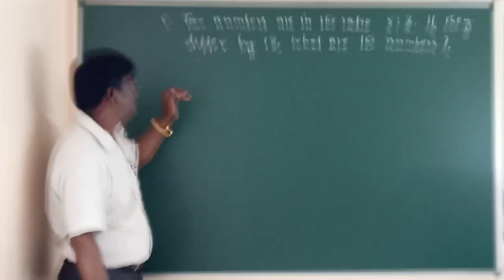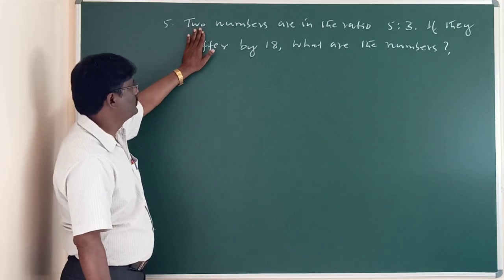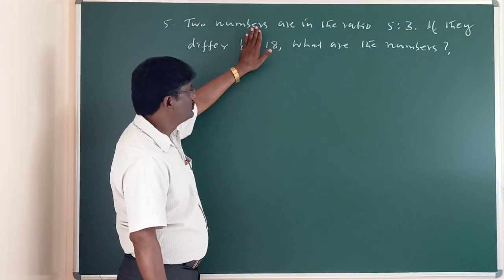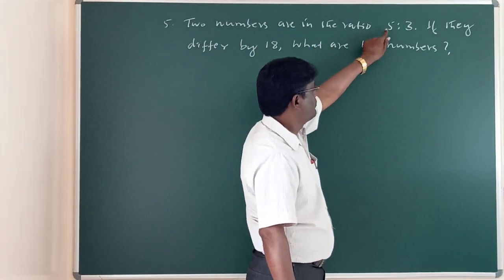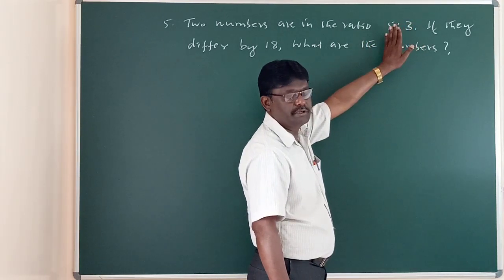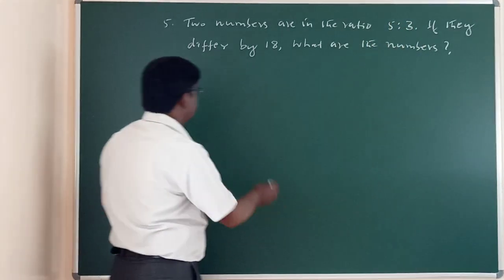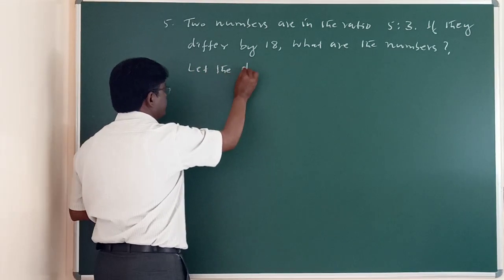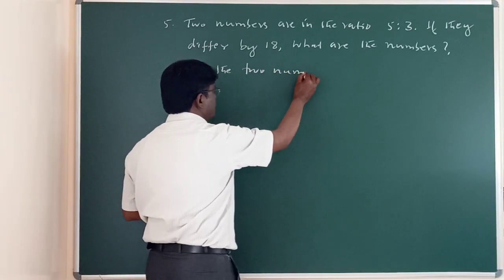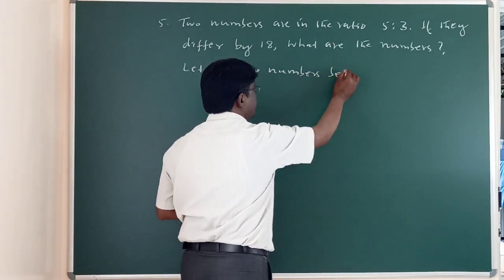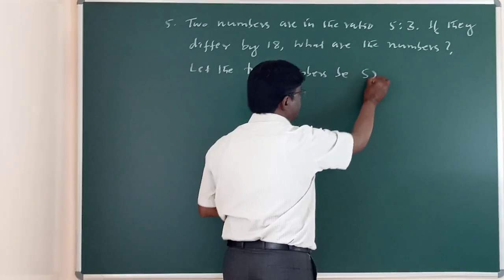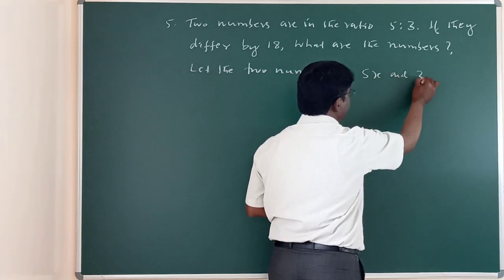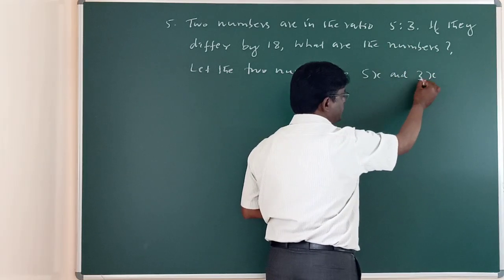Yes, children. The fifth sum is on ratio. Two numbers are in the ratio 5:3. What does this mean? The two numbers are nothing but 5 times and 3 times. That is the meaning of 5:3. Hence, we shall assume like this. Let the two numbers be 5 times of some unknown, therefore let it be 5x, and 3 times of the unknown, that is 3x.